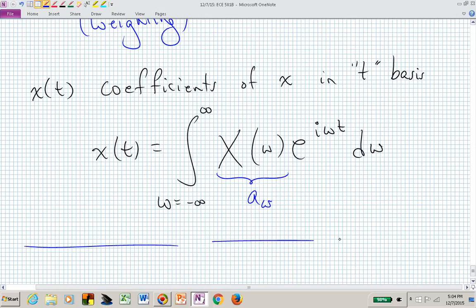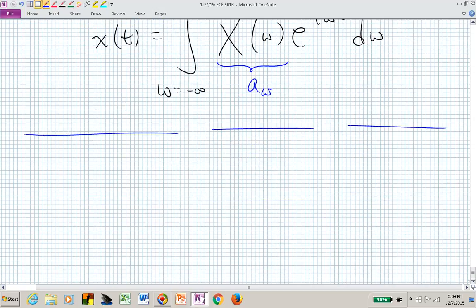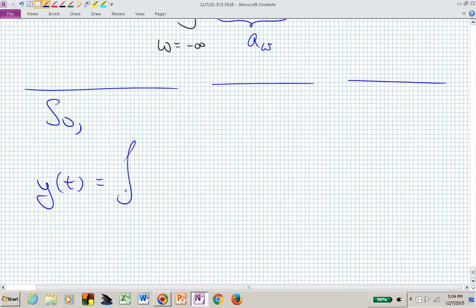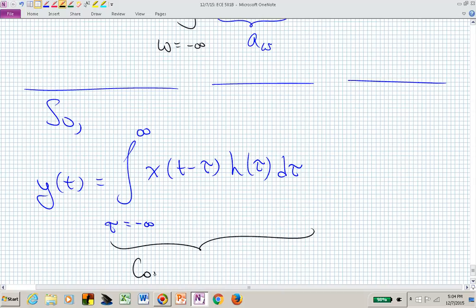All of this now allows us to make this connection between the time domain and the frequency domain. Meaning, if we now looked at this convolution to obtain the output y of t in terms of the input, x of t minus tau, h of tau is the impulse response d tau, this is now a convolution in the time domain.